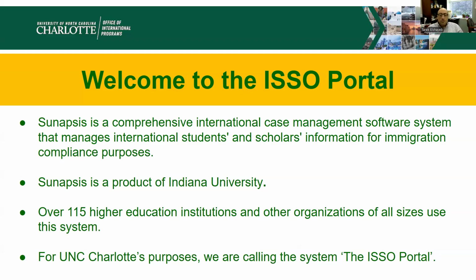For example, in the first month of every semester, we have to report a lot of information that includes change in major, change in address, class registration, and for visiting scholars, change of job, home address, and many more. So we cannot do that manually, and that opens the door for human error. Therefore, we must have software to help us do that.